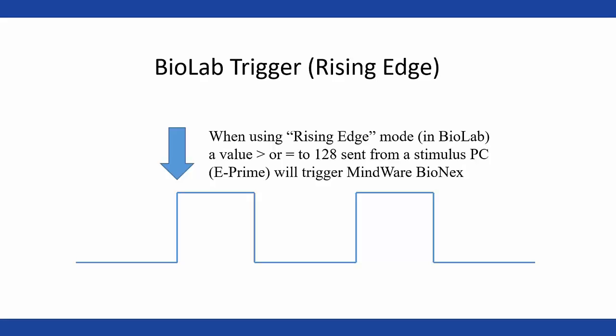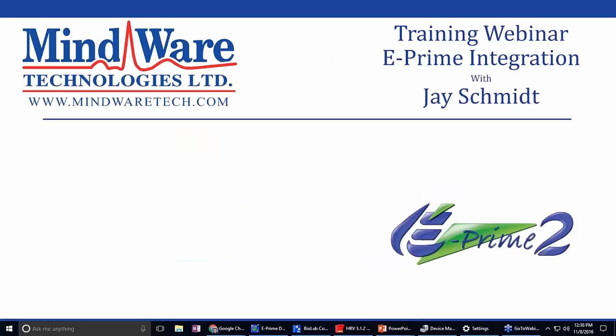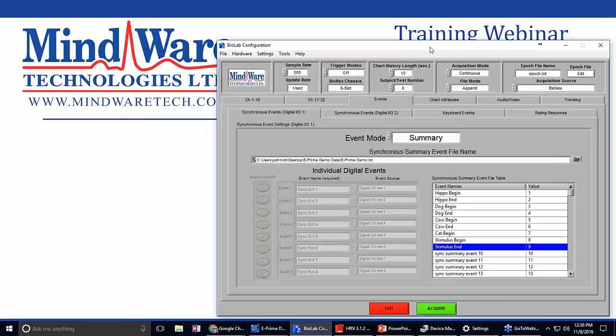As soon as the value, the vertical portion here, reaches 128 or higher, it's going to say, okay, start BioLab, everything started at the same time, and then we can move forward. So let's navigate into BioLab, and I will show you exactly what I'm talking about.